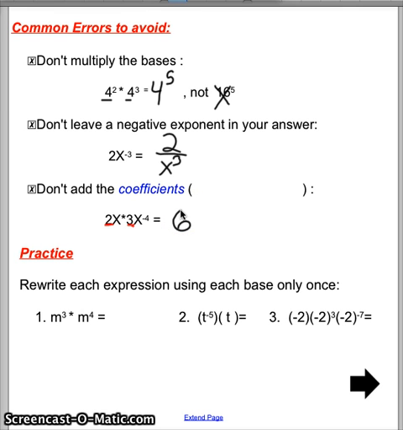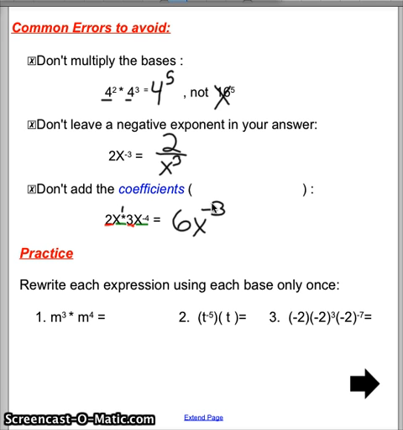Now you look and say, oh, okay, I have those x's. X and x. This is an x to the first, x to the 1 power, and x to the negative 4. So 1 plus negative 4 gives us x to the negative 3.